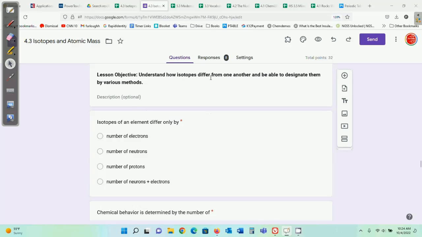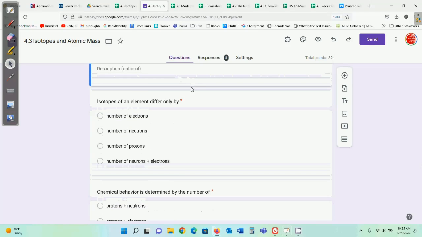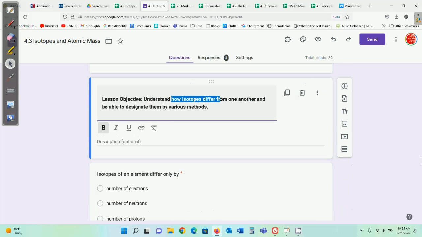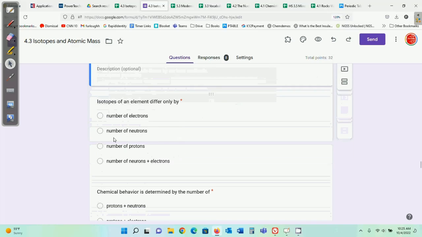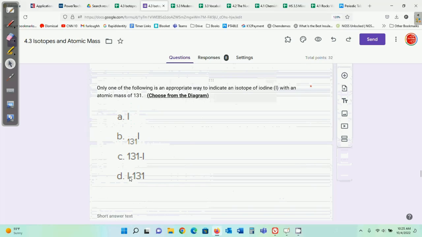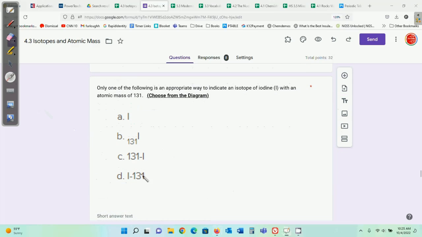Understand how isotopes differ from one another and be able to designate them by various methods. All right, so remember, isotopes are the same element, but they have different numbers of neutrons. Okay, that's how they differ from one another. They have different numbers of neutrons. Okay, we can write it like this one.